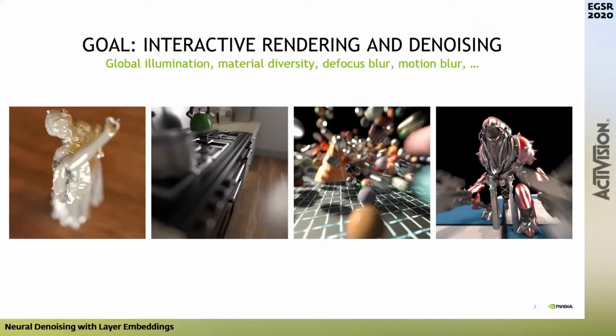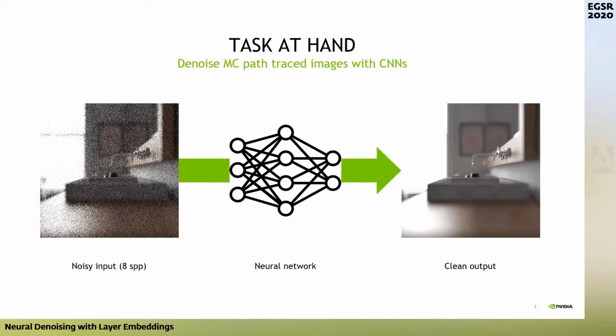The goal of this work is to create stunning-looking images at interactive rates with the help of denoising. Our renderers include motion blur, defocus blur, a large material diversity, and full global illumination. A main challenge when path tracing at interactive rates is that you can only afford to trace a few paths per pixel.